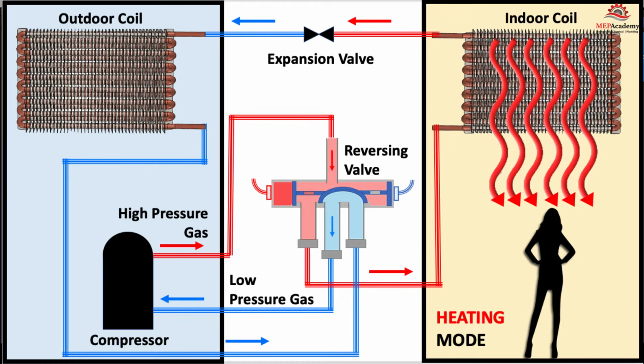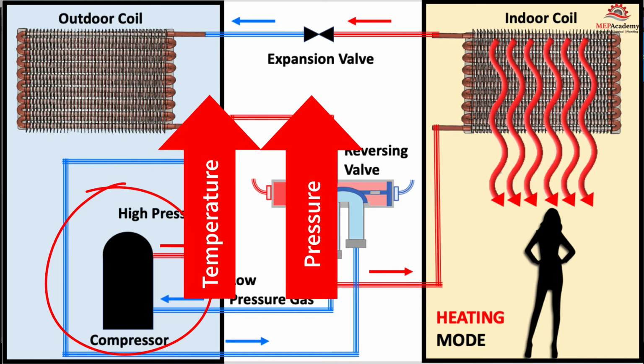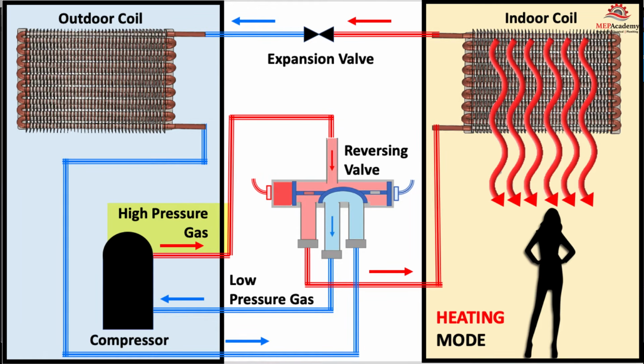Heating mode. Starting at the compressor, where the refrigerant is compressed, causing the temperature and pressure of the refrigerant to increase, this high pressure, high temperature gas, vapor, refrigerant, will then enter the reversing valve, where it will be directed to the indoor coil.